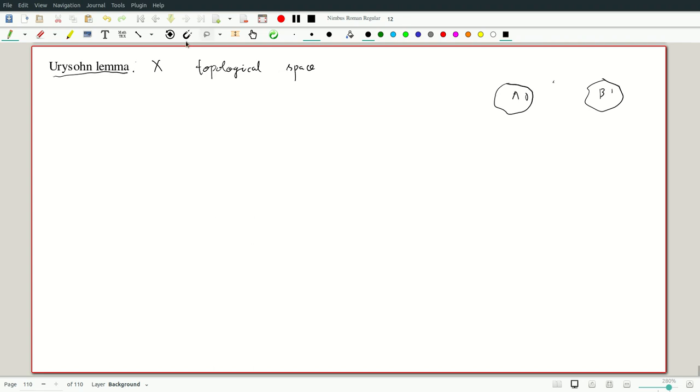The Urysohn lemma, since I've called it, that's the theorem. It's a lemma of Urysohn, in fact, because it's a lemma for an even more important theorem of Urysohn, the metrizability theorem. But the theorem, which is the Urysohn lemma, says that if X is normal, and we have sets A, B in X closed and disjoint, so A intersection B is empty, then there exists f from X to [0, 1].